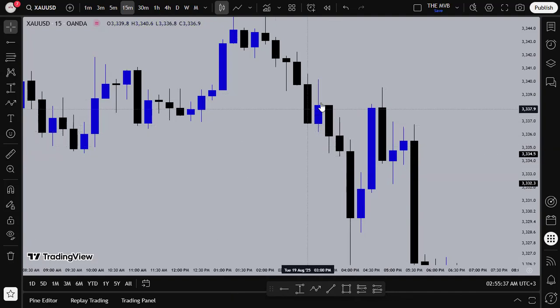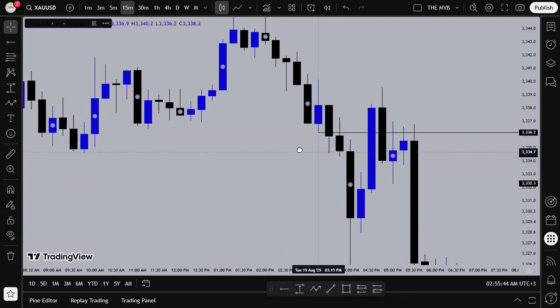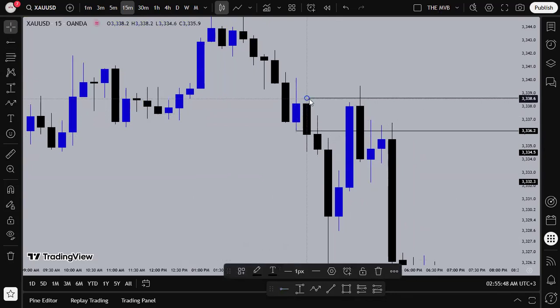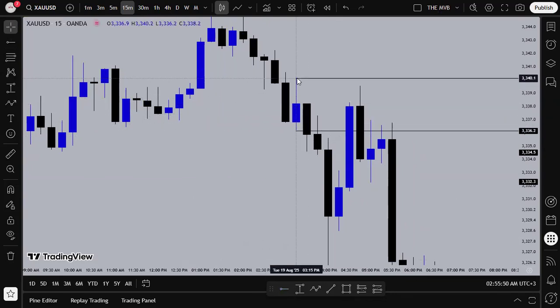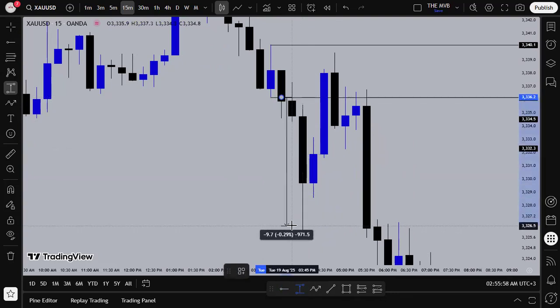After we see that, we can enter just after the market traded below here, and the stop loss we put above the candle here, and then you can trade all this move going down. From that point to that point was over 80 something pips.